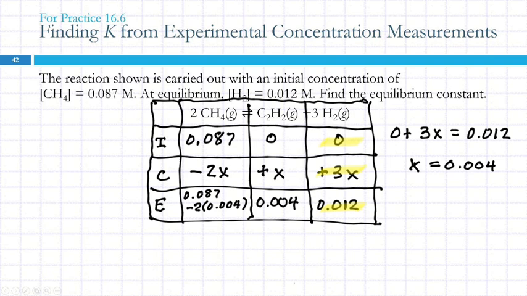That's what we're doing. Oops, get the numbers right. So 0.079. Did I get that right? You guys have to check my math because I'm a mess.